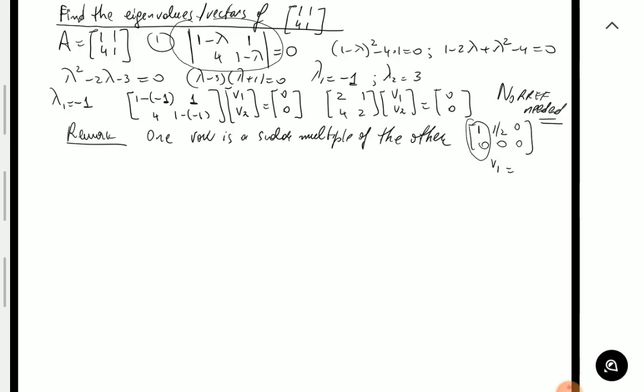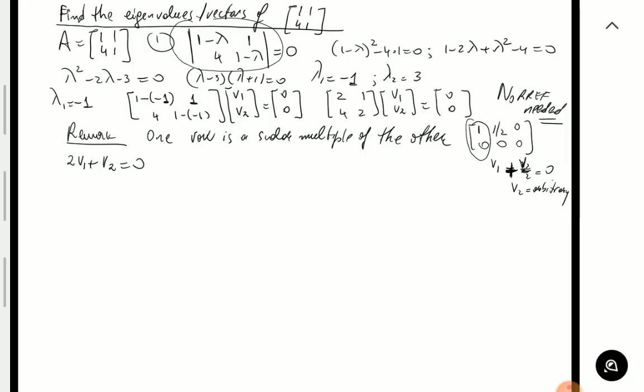So V1 plus V2 over 2 will be 0, and V2 will be arbitrary. But from a practical standpoint, you basically solve one in terms of the other, and that other is just an arbitrary parameter. So you don't have to go with this whole formality of the reduced row echelon form. Just pick one of the two equations. So I'm going to pick, for example, the first equation.